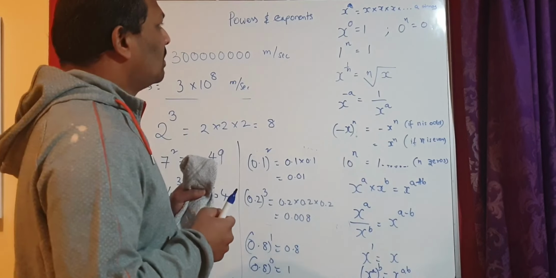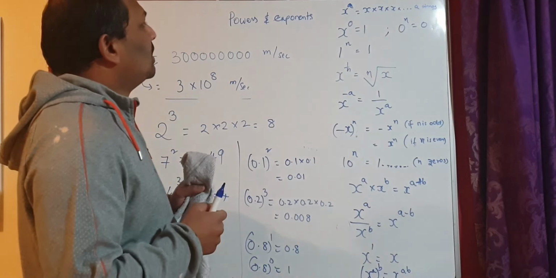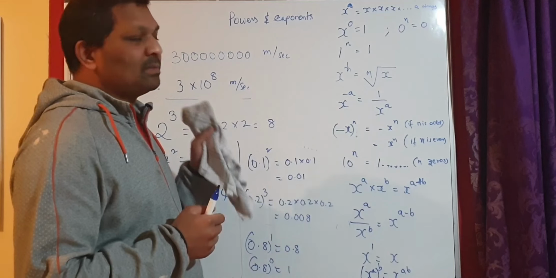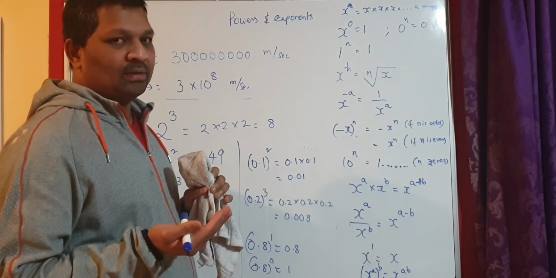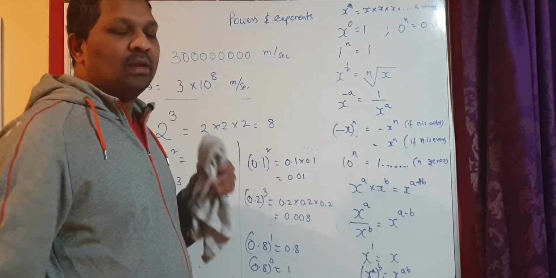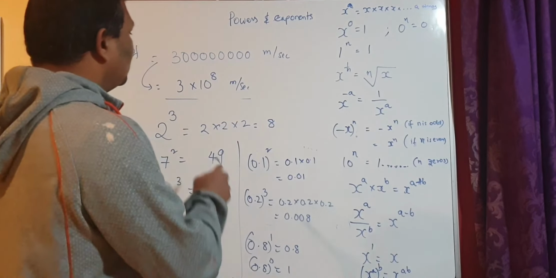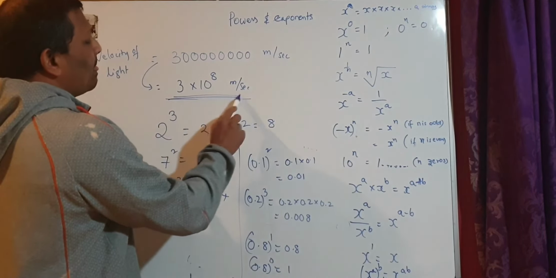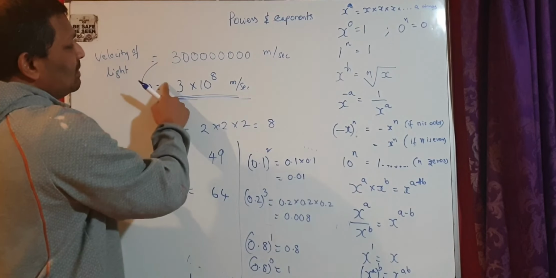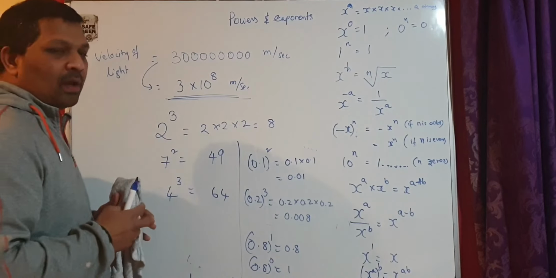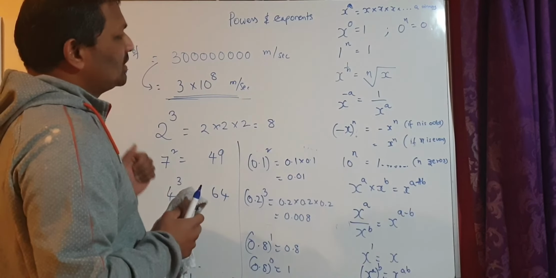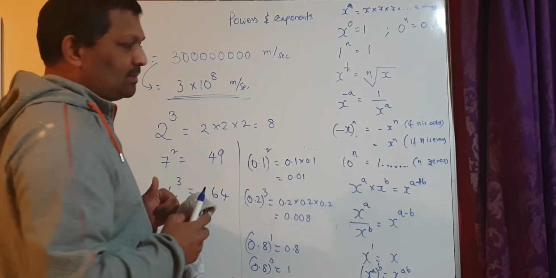Also, a very important concept in powers and exponents is how do we convert a given number into a scientific number. A given number can be too big or too small, and scientific form is a way of representing such numbers. How we convert a number into scientific form is something that we'll learn in the next class. Okay, thank you.